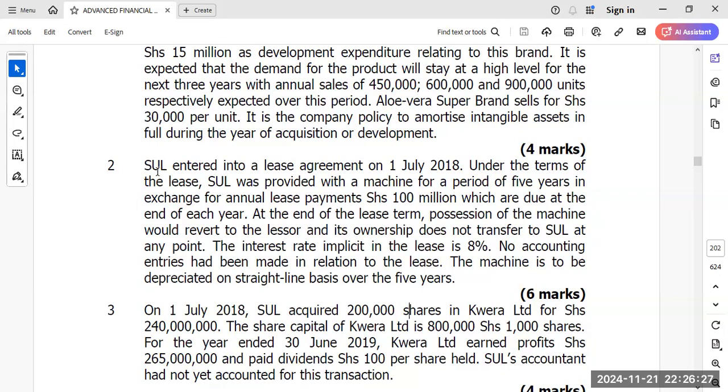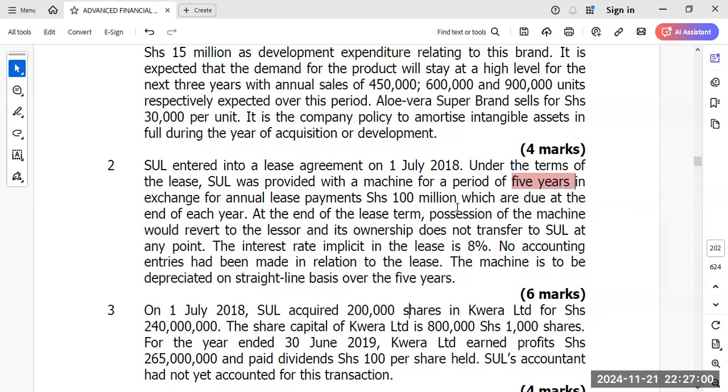They are telling us that SUL entered into a lease agreement on 1st July 2018. Under the terms of the lease, SUL was provided with a machine for a period of 5 years.